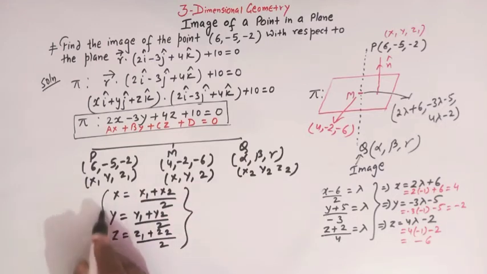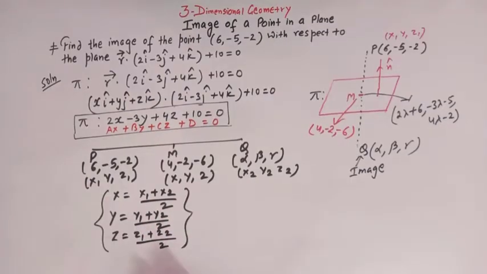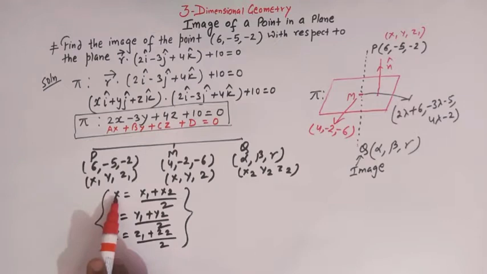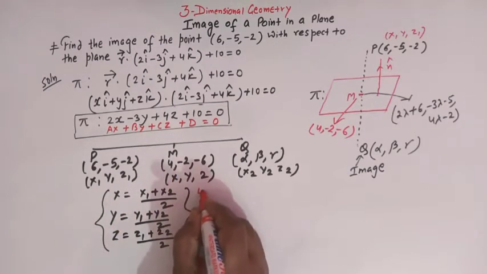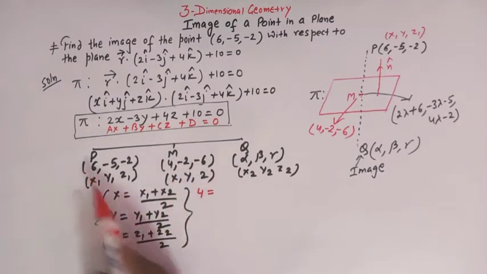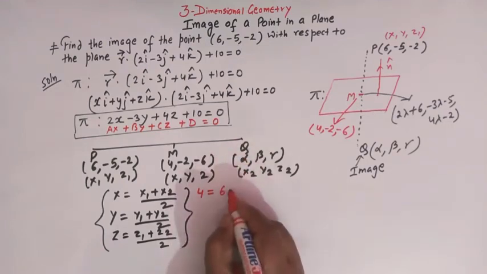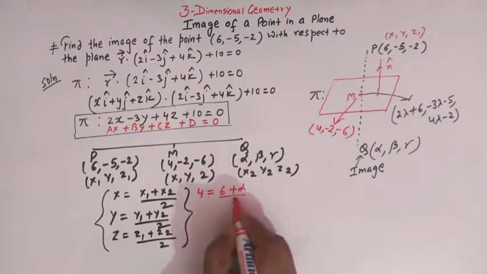Right, so now we have three equations. So now for x we have here 4, and x1 is 6, x2 is alpha over 2.